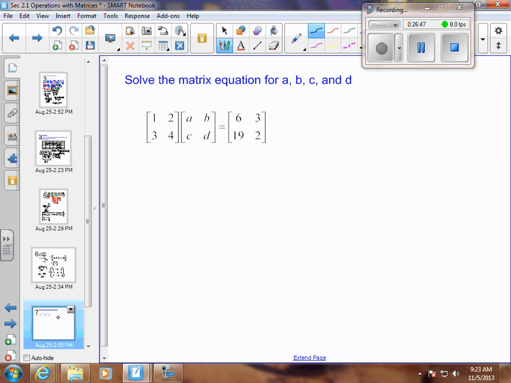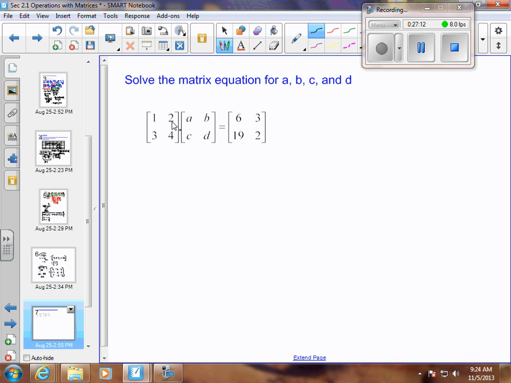All right, and we'll end with solving a matrix equation for A, B, C, and D. We did this on the addition aspect, but these matrices are being multiplied on the left-hand side. So order of operations, I have to do that first. Multiply the first row by the first column.